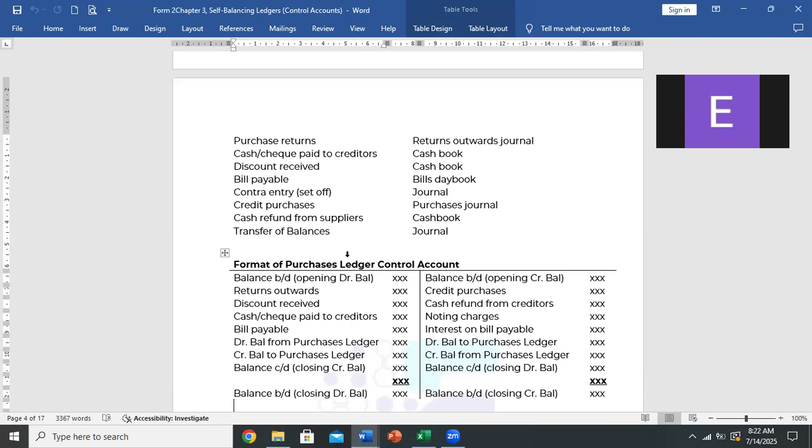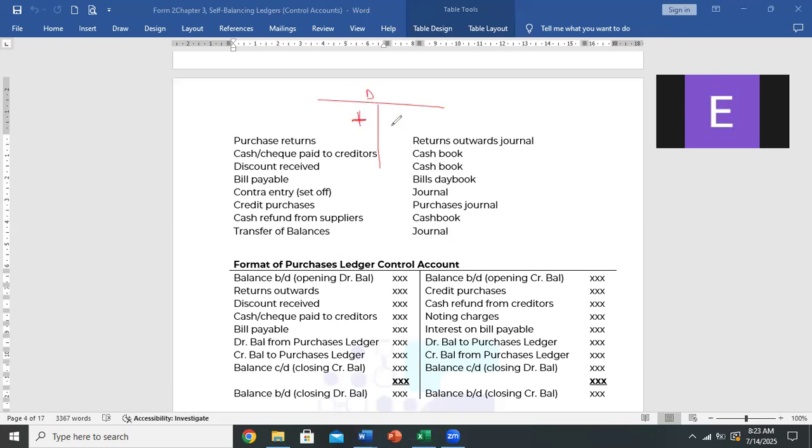But I want my professors to note that I did indicate that when you are preparing these two accounts, you should use these principles. And I remember saying that, especially when you pick the debtors control account, since debtors have a debit balance, if the item is going to increase the balance, you debit it.